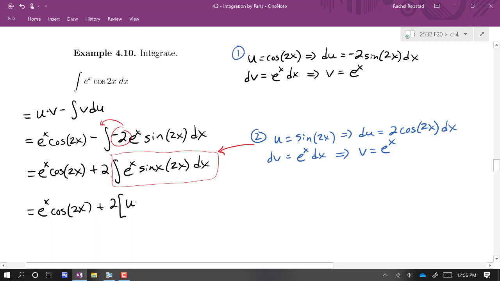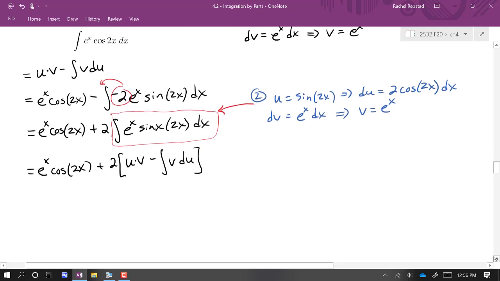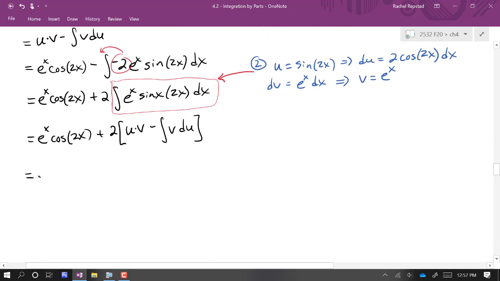So this is u times v minus integral v du. Let's plug in our expression. So u times v is e to the x times sine 2x minus the integral v du is going to be 2 e to the x cosine 2x dx.